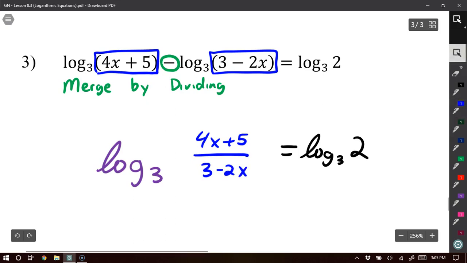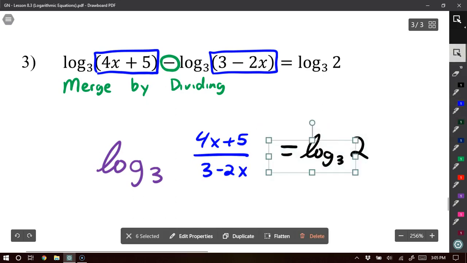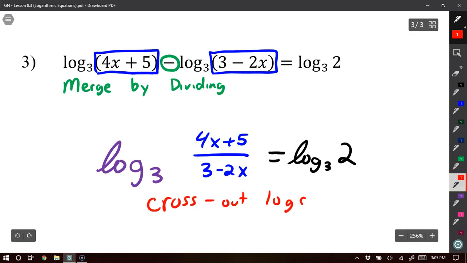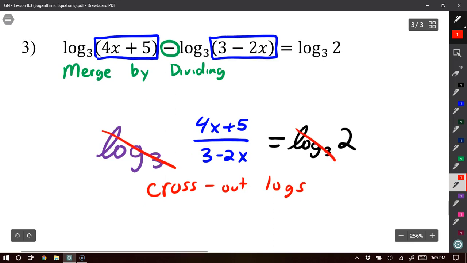There. Now that I use my properties of exponents to merge the logs together, I can look at which structure is given to me. Do I have a log equal to a log, or do I have a log equal to a number? And in this case, I have a log equal to a log, which means I can cross out my logs. So boom, boom, gone.